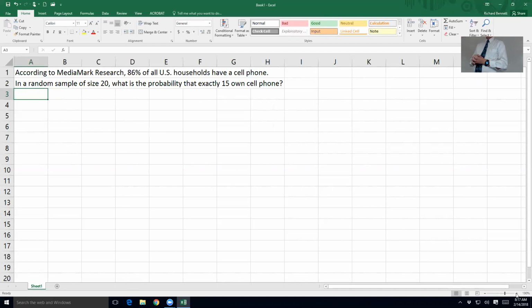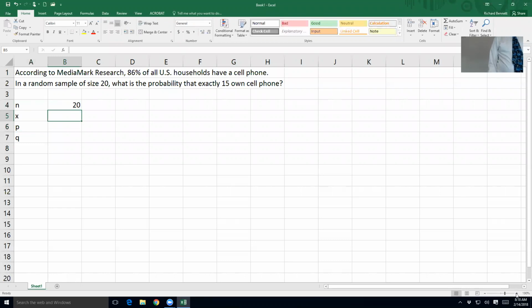All right, so we can use this wonderful formula to find this out very quickly. What's my n, and what's my x? What's my p? What's my q? So my n in this case is 20.